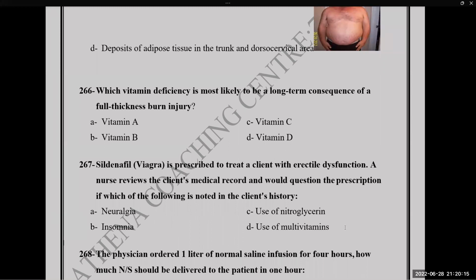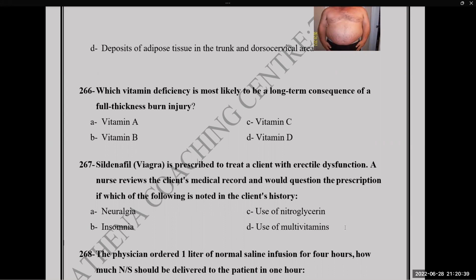Neuralgia, insomnia, use of nitroglycerin, use of multivitamin. When you observe one of these situations, you need to question the prescription. That means one of the situations where you cannot administer the medication.